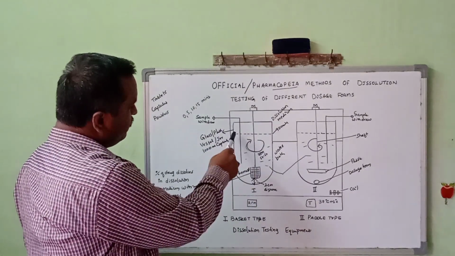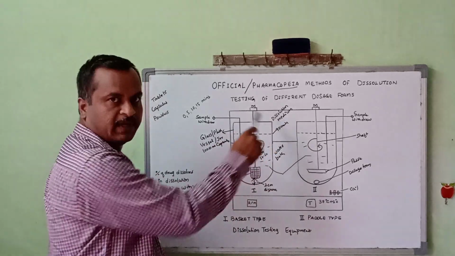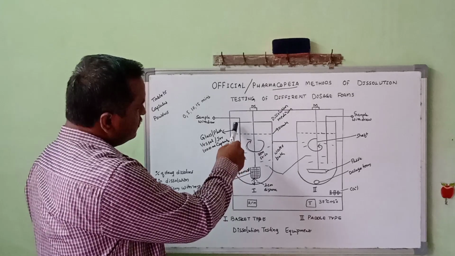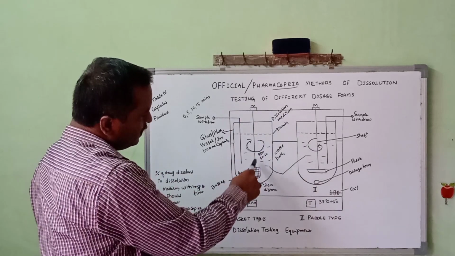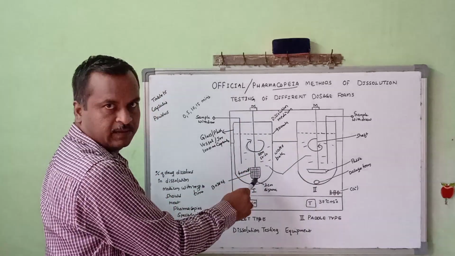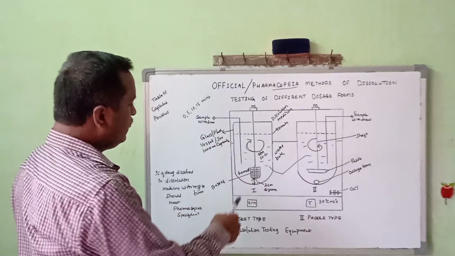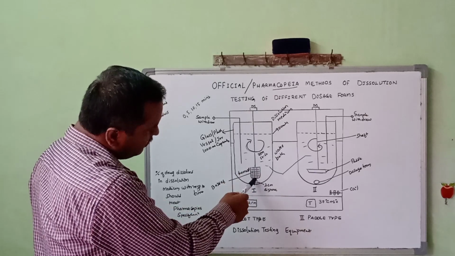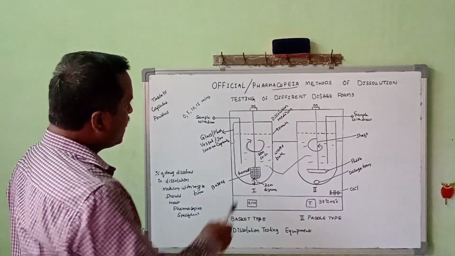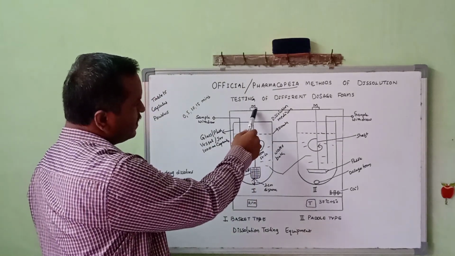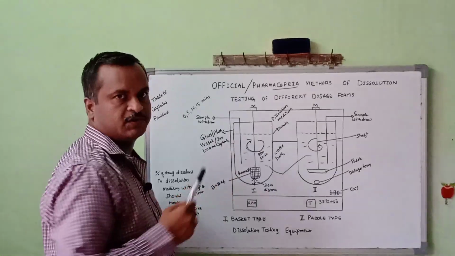This jar is immersed in the apparatus and contains a shaft connected to the basket, which is made of 40 mesh aperture. The basket is adjusted so that it stays 2 cm from the bottom of the jar, and the shaft is connected to a motor which controls the RPM.